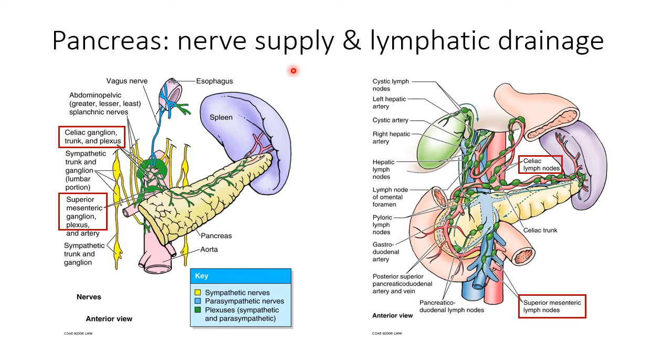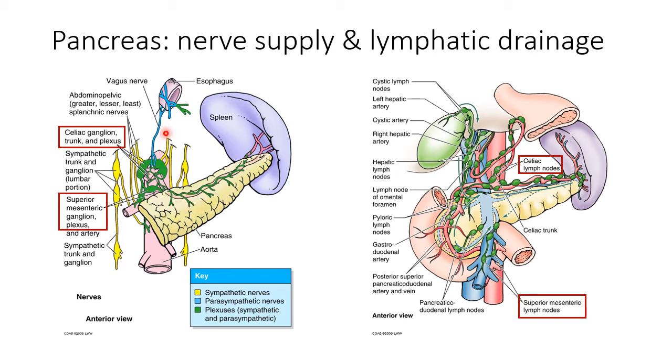The nerve supply of the pancreas. Now, because the pancreas gets its blood supply from both the celiac and superior mesenteric arteries, both the celiac and superior mesenteric plexuses supply the autonomic nervous supply to the pancreas.